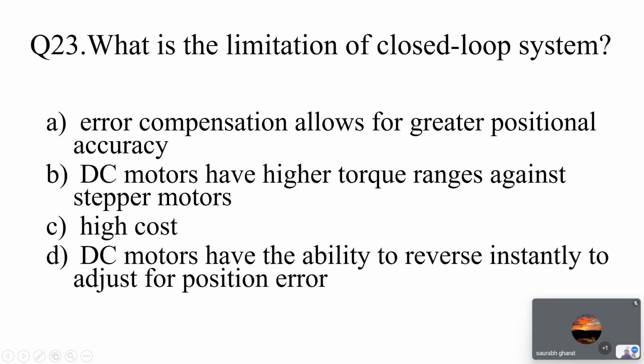Error compensation allows for greater proportional accuracy, so this is not the answer. DC motors have higher torque than stepper motors, which is again not a disadvantage. DC motors have the ability to reverse instantly to adjust for positioning error, not a disadvantage. Okay, so high cost is the only limitation. So this will be your answer. High cost is the limitation.